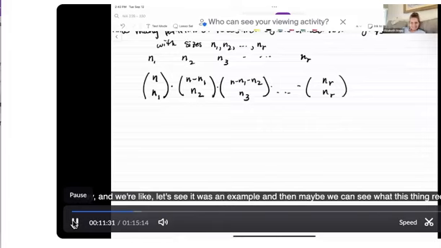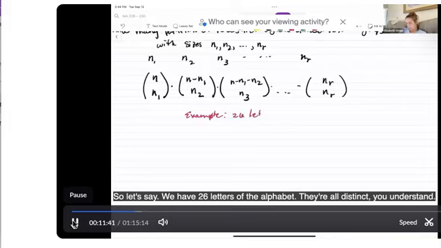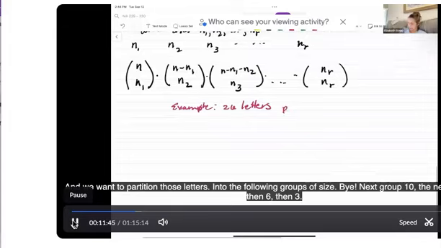Okay, let's see it with an example, and then maybe we can see what this thing reduces to. So let's say we have 26 letters of the alphabet. They're all distinct, you understand. And we want to partition those letters into the following groups: of size 5, the next group 10, the next group 2, then 6, then 3.